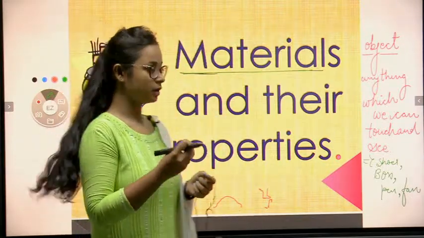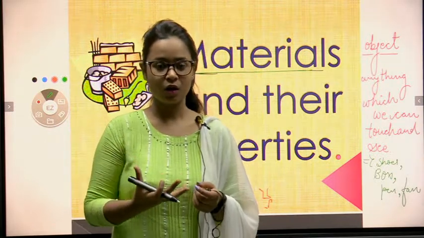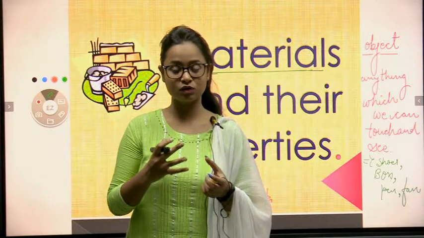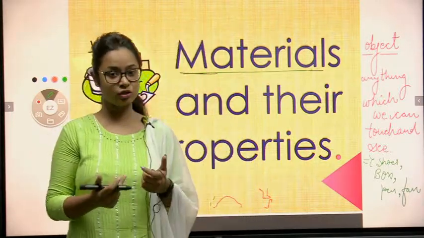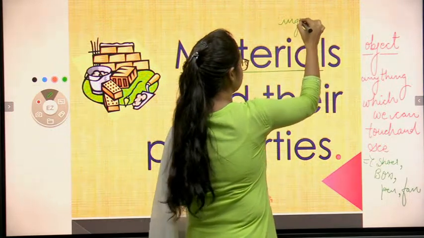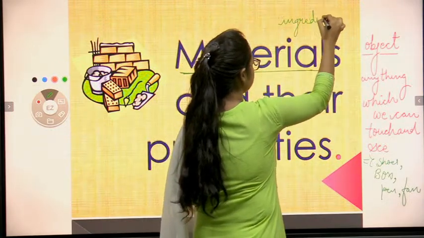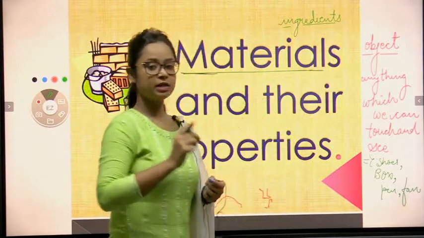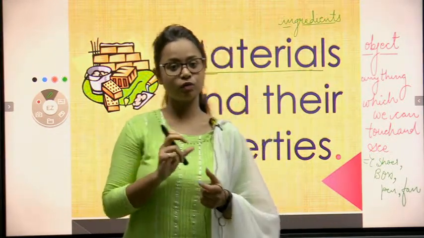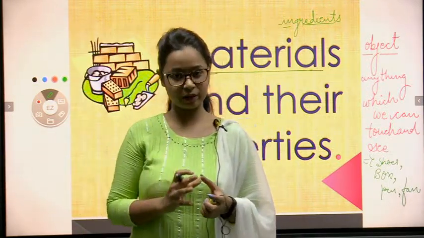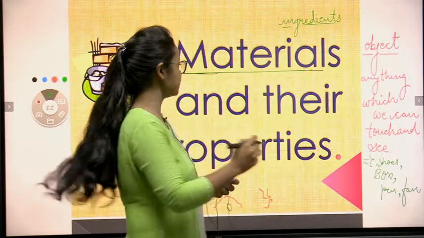If you make a dish, any food item, the raw materials which we use to make a dish are called ingredients. Ingredients is used particularly for food items, but material is used for any kind of thing when we are using anything to make something.